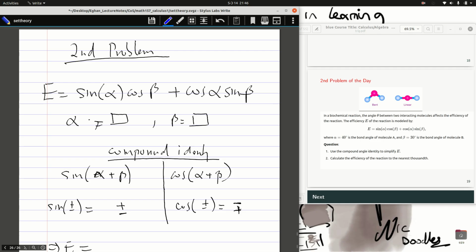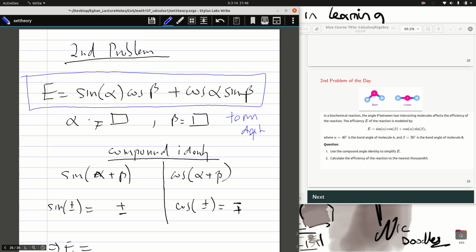It says the efficiency is given by some model. The model is written as what I have here, E equal to something. Now some terms are being defined. The term is alpha equal to a value, beta equal to another value. They are given. It says alpha is 40, so let me write it down, and then beta is 30 degrees.